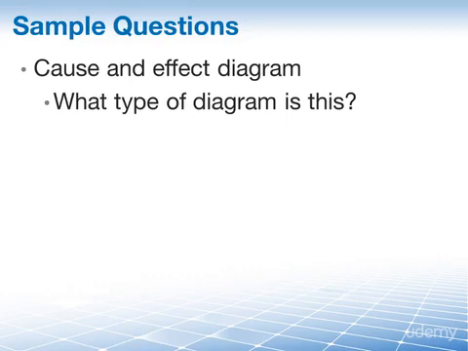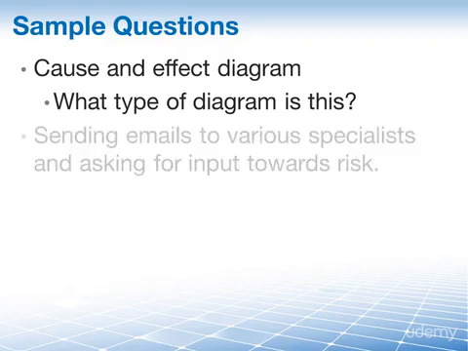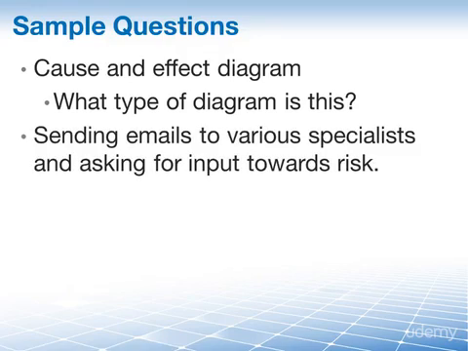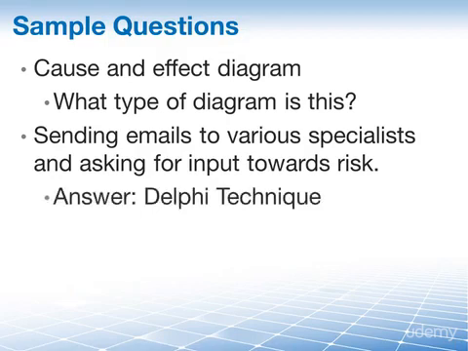A similar question was the description that we are sending out emails to various specialists, and we're asking for their anonymous input towards risk. And the question simply was, what technique are we using here? And the correct answer is, of course, that we are using a Delphi technique.